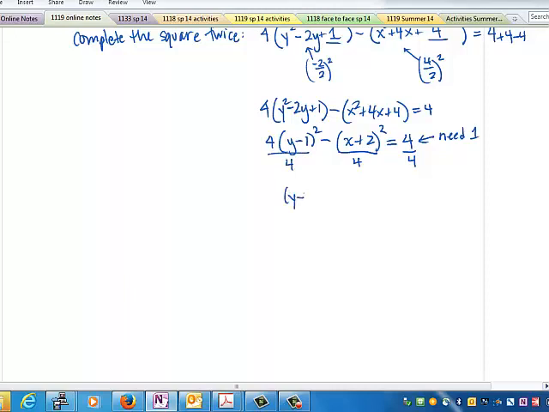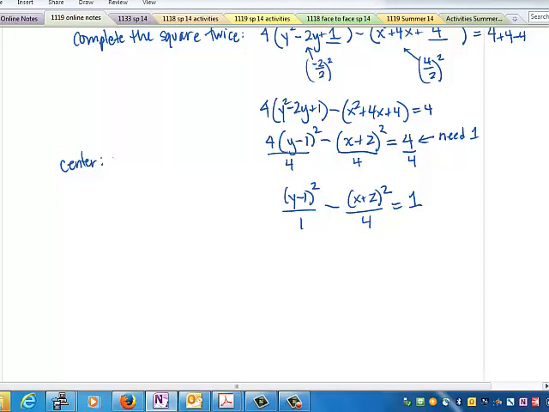So we're looking at, in standard form, y minus 1 squared over 1 minus x plus 2 squared over 4 equals 1. So just by looking at the equation, let's list what we can see. The center from our shifting would be, it looks like x plus 2, so -2, and y minus 1.